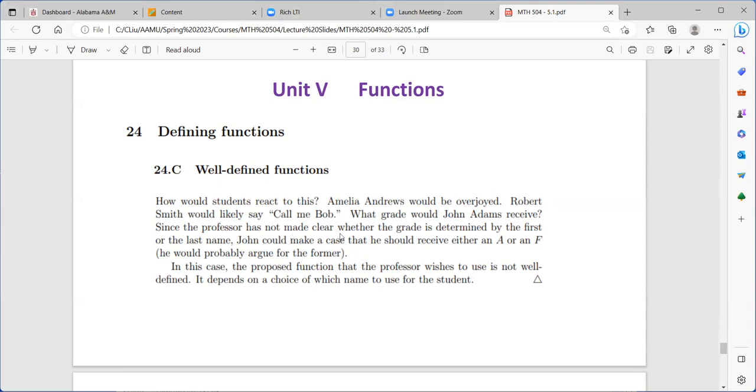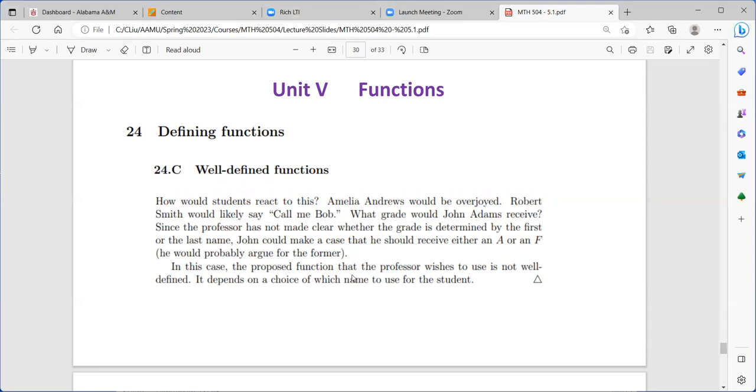Since the professor has not made clear whether the grade is determined by the first or the last name, John could make a case that he should receive either A or F. If the last name is used, he will get an A, but if the first name is used, he will get an F. So this is another example of not well defined.